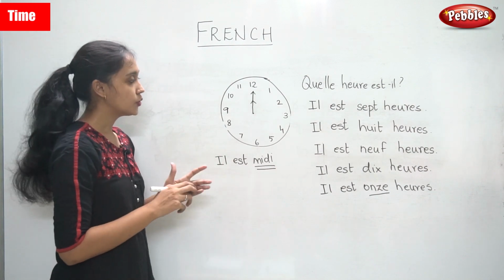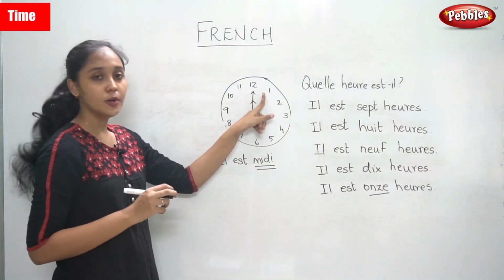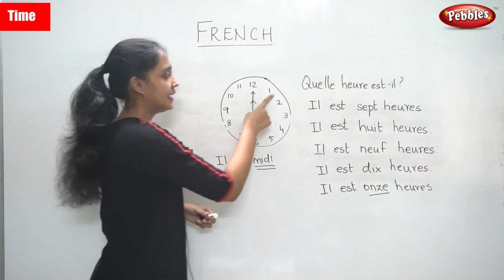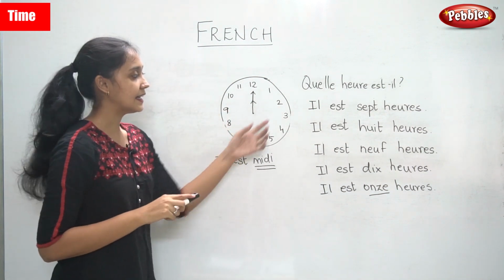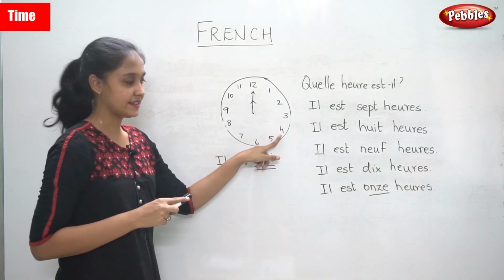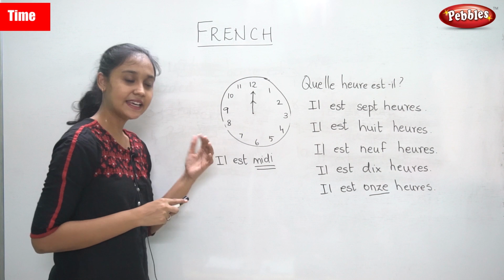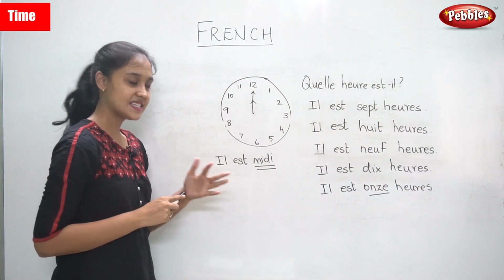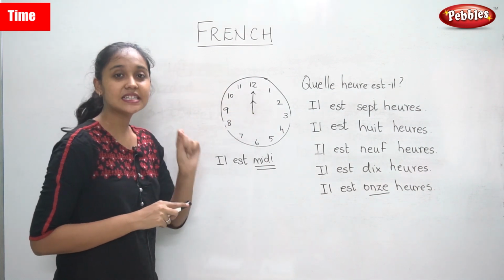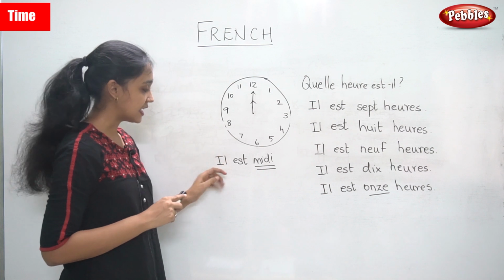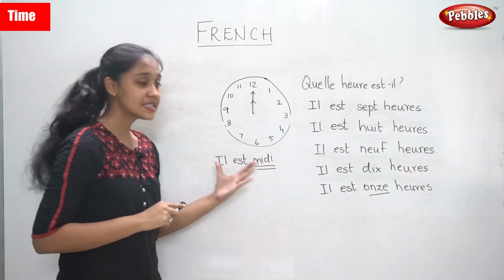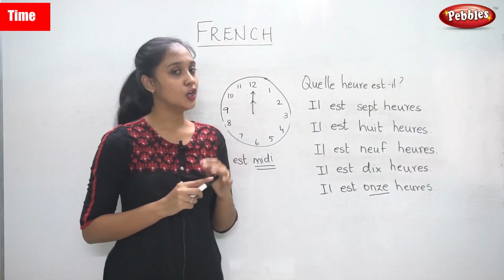So now you know how to say the time from 1 a.m. up to 12 noon. Il est 1 heure, il est 2 heures, il est 3 heures, il est 4 heures, il est 5 heures, il est 6 heures, and so on. But when it is 12 noon, you say il est midi. It means the time is 12 noon.